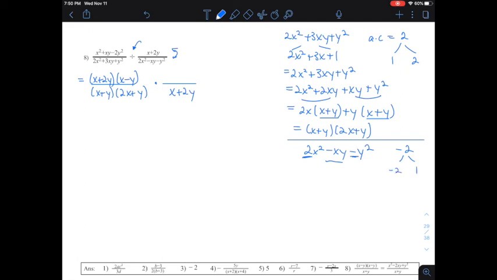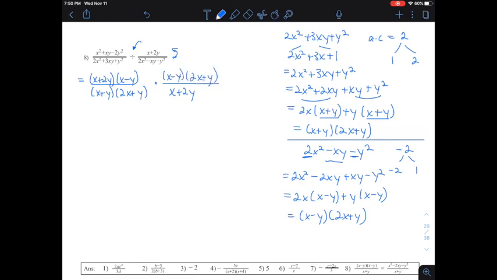So that's going to be negative 2 times 1. 2x squared minus 2xy plus xy minus y squared. So here we go, we've got x minus y, 2x plus y.